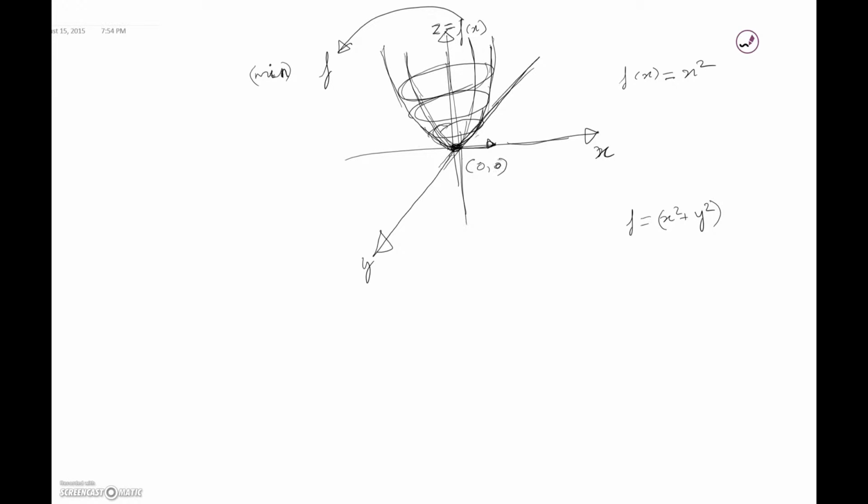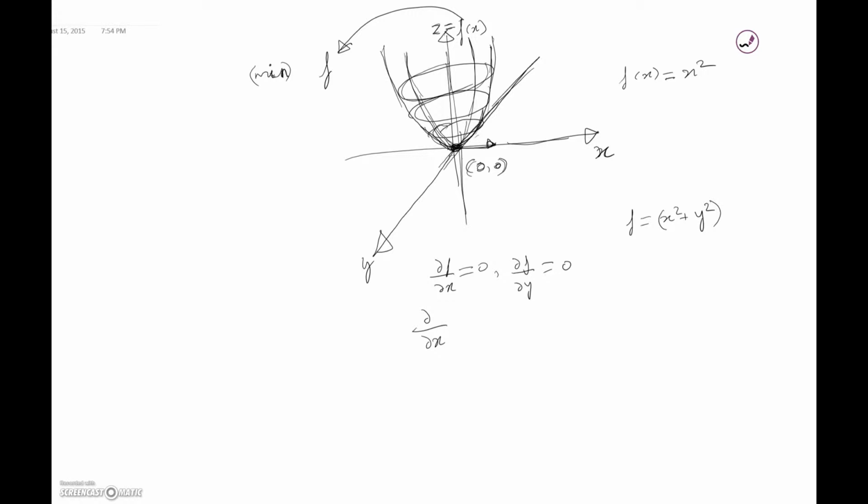And now if you want to minimize this guy, again we can see that it's the origin x=0, y=0, and here at the origin again we have del f by del x equal to 0 and del f by del y equal to 0. You don't believe me? Alright, so let's work it out.